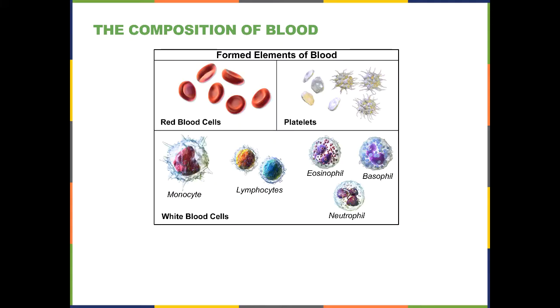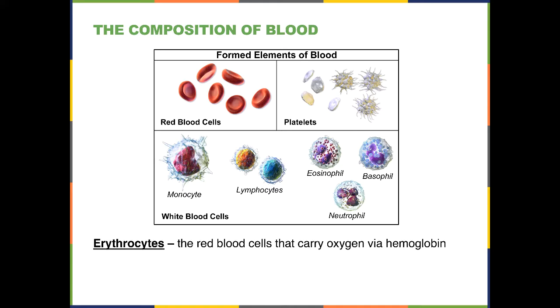When we look at the various formed elements in the blood, you can basically divide these into three groups. The first of these groups are the erythrocytes, or red blood cells, whose primary function is to carry oxygen. And oxygen is carried within the erythrocytes in the form of hemoglobin. Oxygen has a very low solubility in blood.